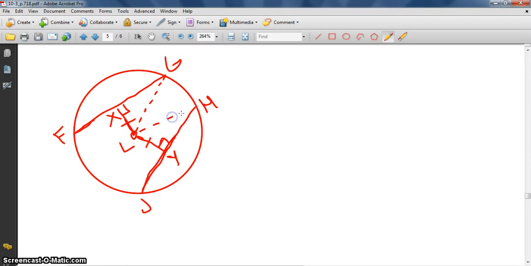So this would be the radius from L to H and the radius from L to G. So those 2 lengths will be the same.